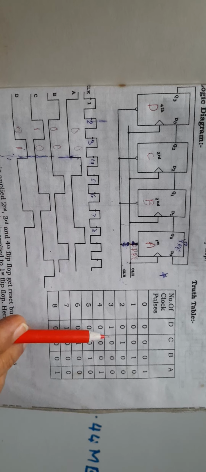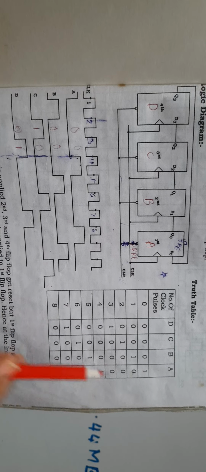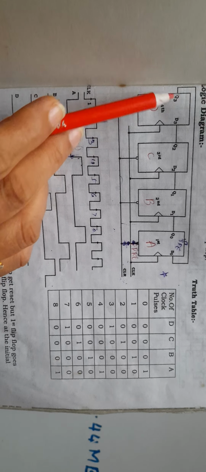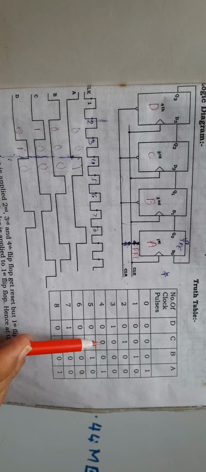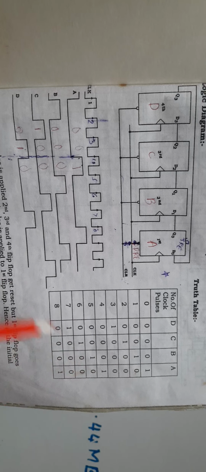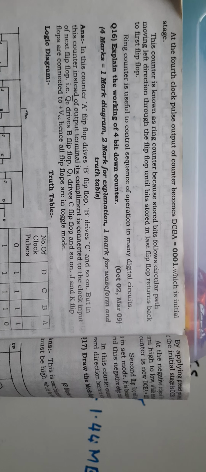When the next clock pulse arrives, this 1 will enter here. So the output will again become 0, 0, 0, 1. So this is how the ring counter works.